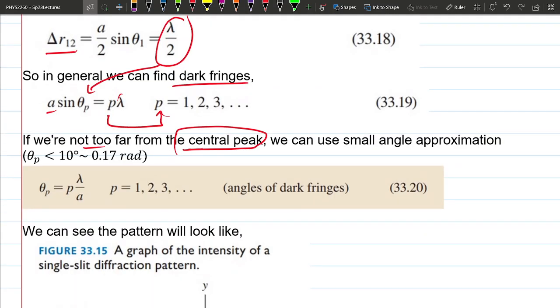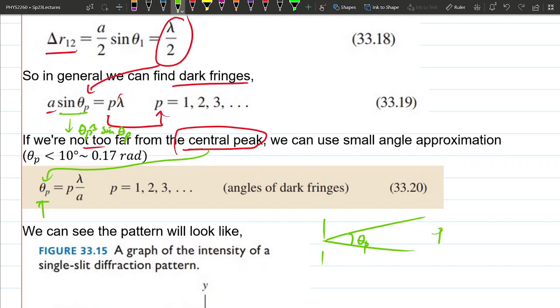To derive this central peak, first of all we have to figure out how much of an opening angle that has. Once you have that opening angle and you know the distance it travels, you know exactly how wide that peak is. So this angle here, if we follow this equation and do a small angle approximation, where theta p is approximately sine of theta p once again, the angle of opening coming out of the single slit, theta p, is going to be equal to whichever p it is, some integer that starts with 1, 2, or 3.